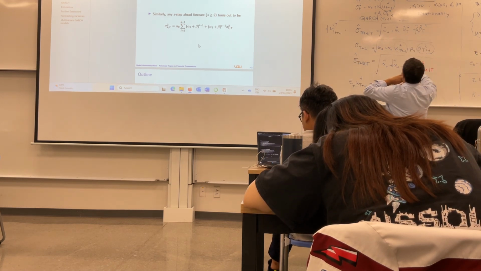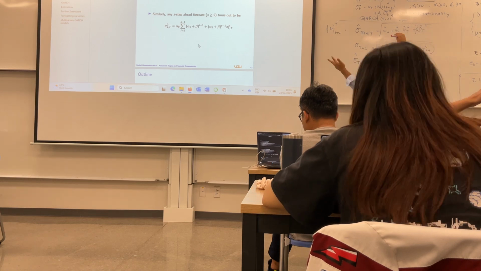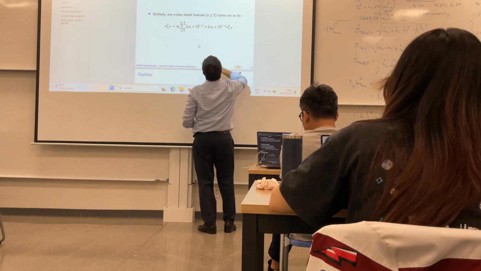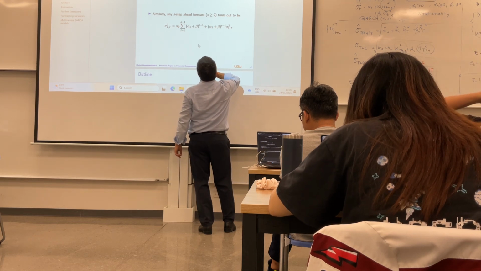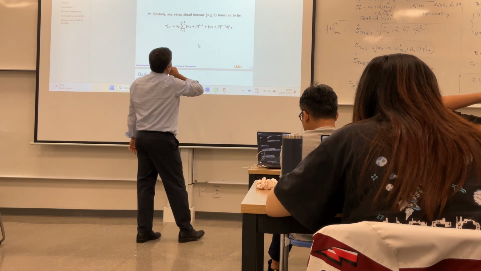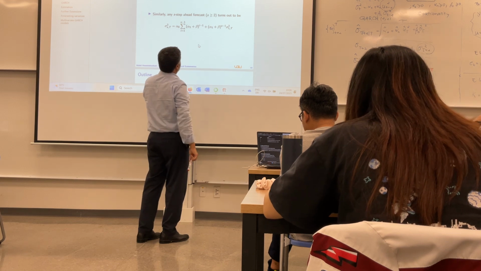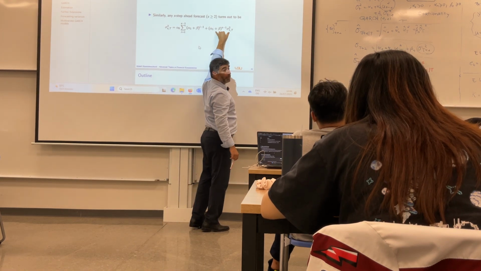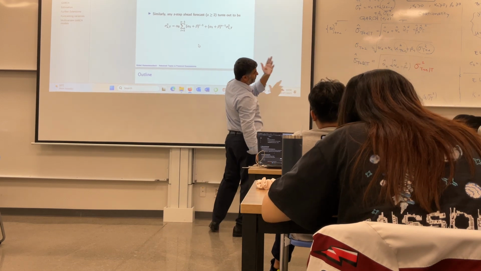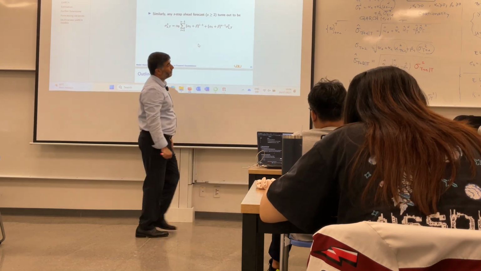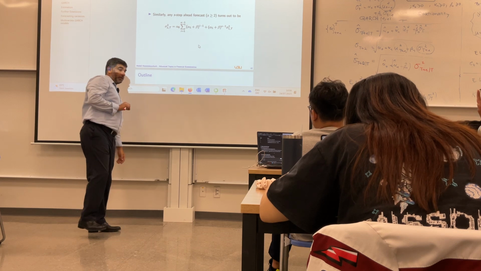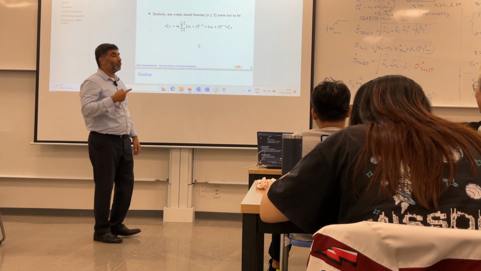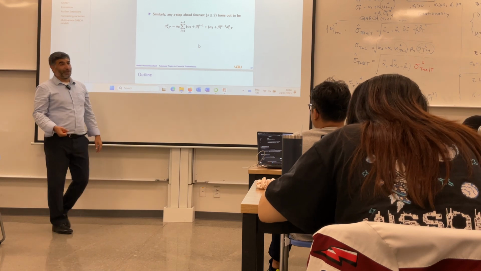If s is 1, then this term goes off. If s is 2, then you have 2 minus 1 here, and this shows up. We can continue onwards. Is it clear? Yes. Maybe you should do an exercise with it.